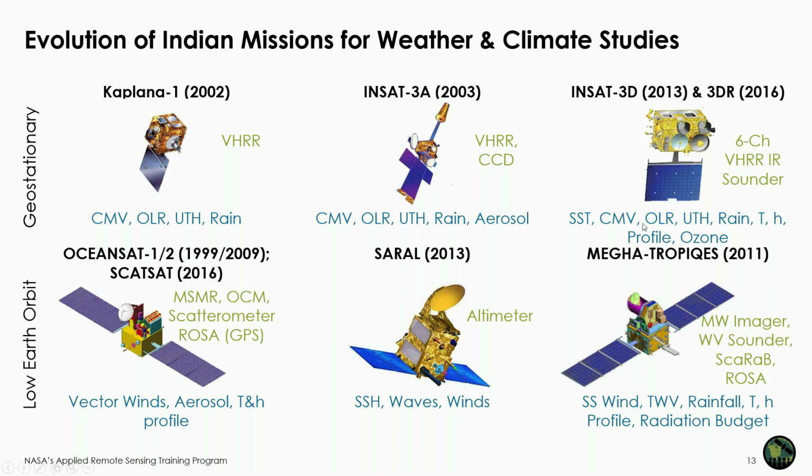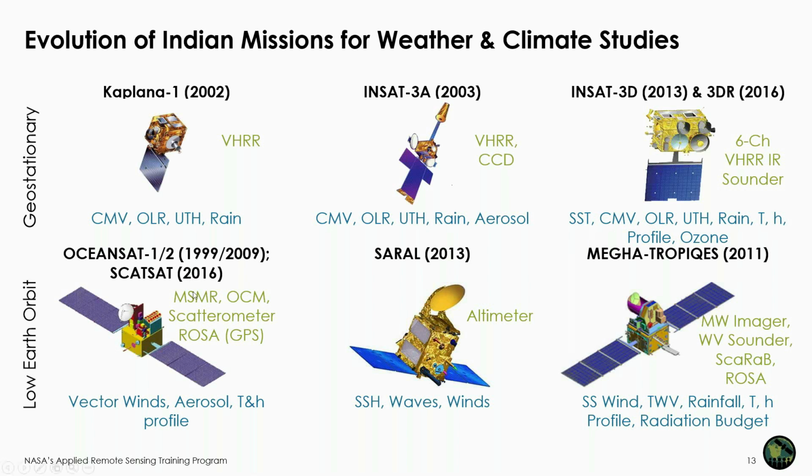And using these two satellites, we are able to get over the Indian region various geophysical parameters like sea surface temperature, cloud motion vector, OLR, upper tropospheric humidity, rain, temperature and humidity profiles, ozone information, and of course the aerosol information.